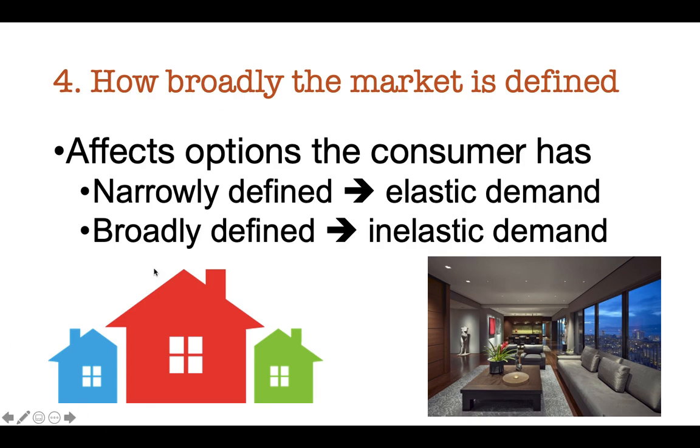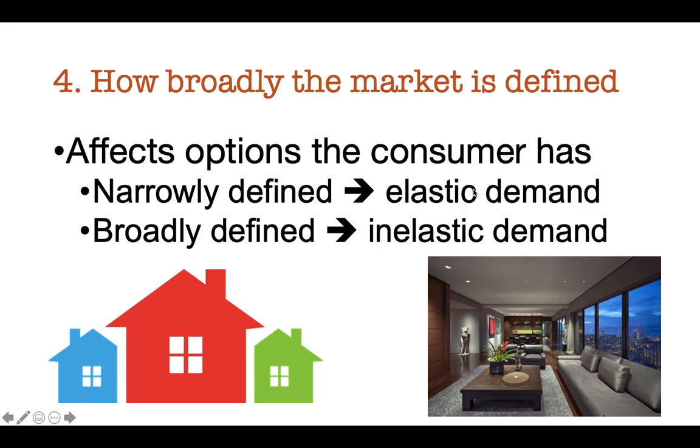If we say the price of housing in the metro Orlando area increased by 20%, we're kind of out of luck. It's a very broad market. And so we're going to have inelastic demand here because we have to pay for it. So if all housing is getting more expensive here because it's such a big market, there's not a lot of substitutes for having somewhere to live, we're going to have very inelastic demand as consumers.